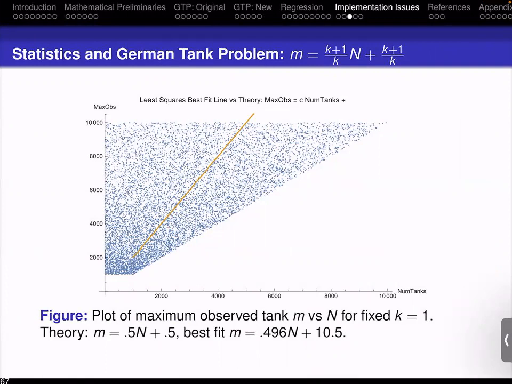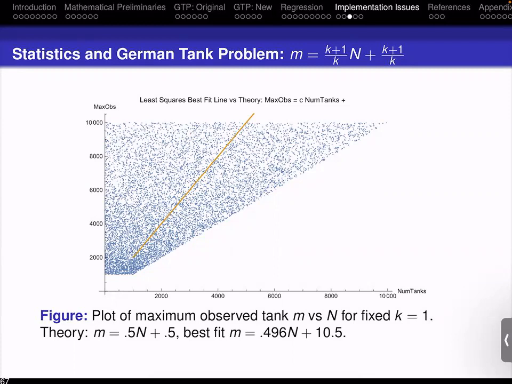And again, we now do k equals 1. We have the trapezoid again. The theory now is instead of n being m times 1 plus 1 over k, it's now m equal to k plus 1 over k times n plus a small constant. And so theory says it should be 0.5n plus 0.5. We observe a best fit line of m equals 0.496n plus 10.5.